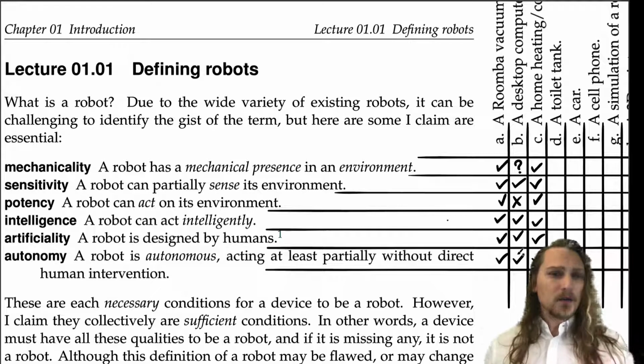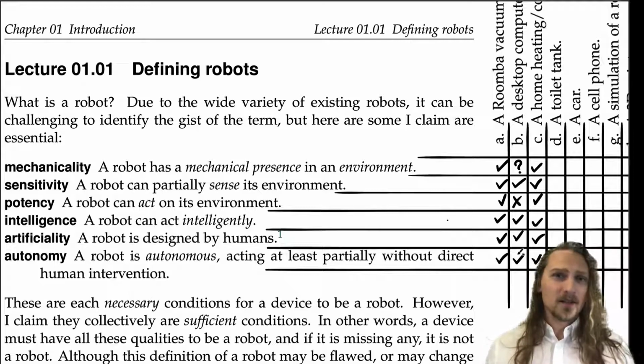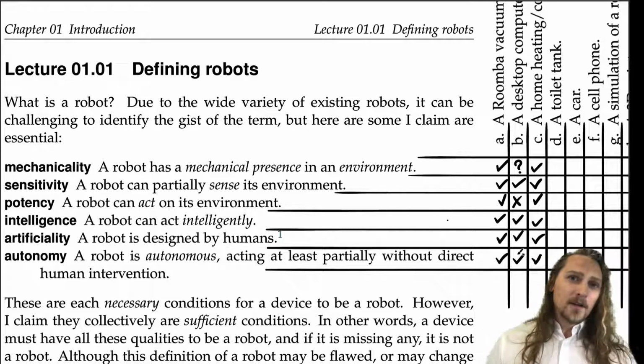It was a little bit close on intelligence, but a home heating/cooling system can be thought of as being a robot, which brings up the ambiguity in our definition. We have a device, a home heating and cooling system, that isn't necessarily what we would like to think of as being a robot, but it does pass our checks.